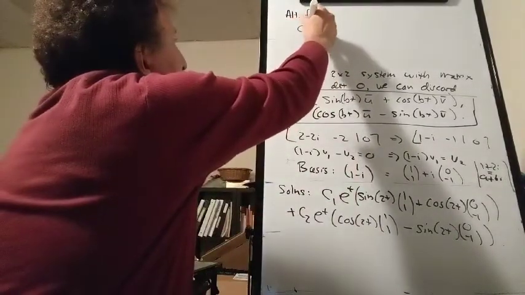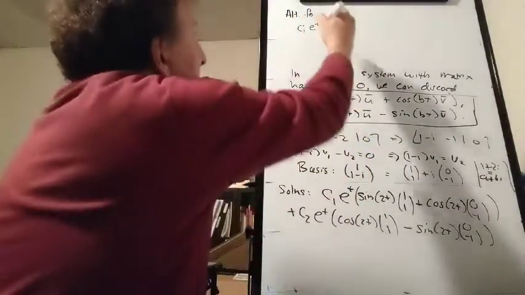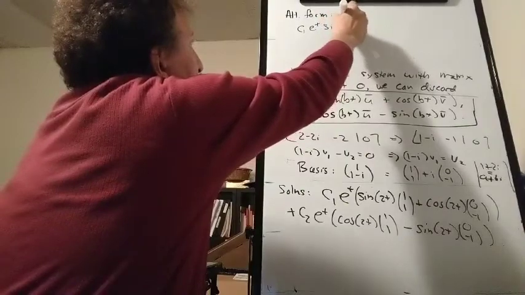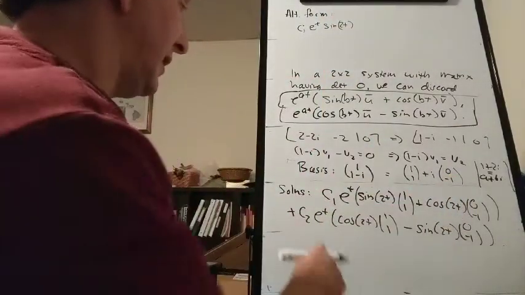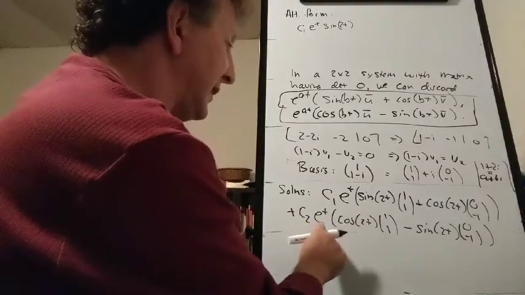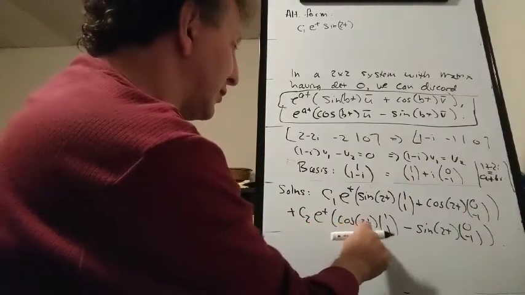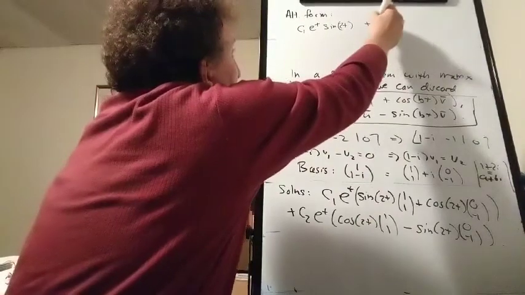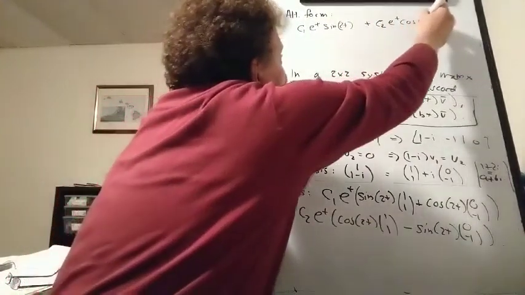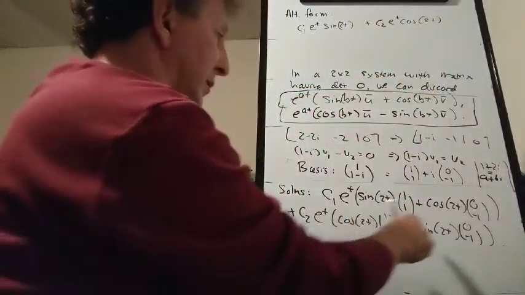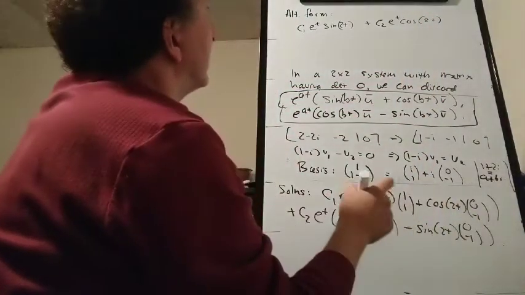So c1 e to the t sine of 2t times 1 plus nothing else, and then c2 e to the t cosine of 2t plus nothing else because there's a 0 there.